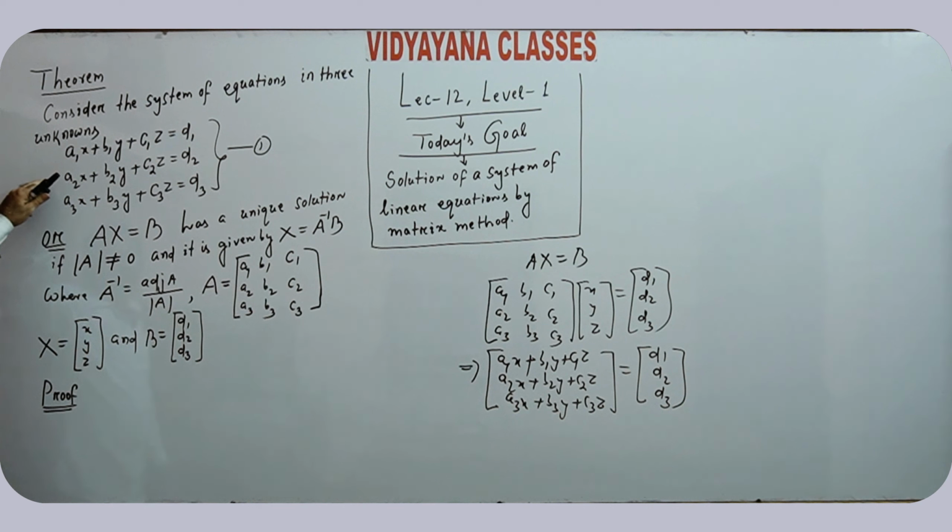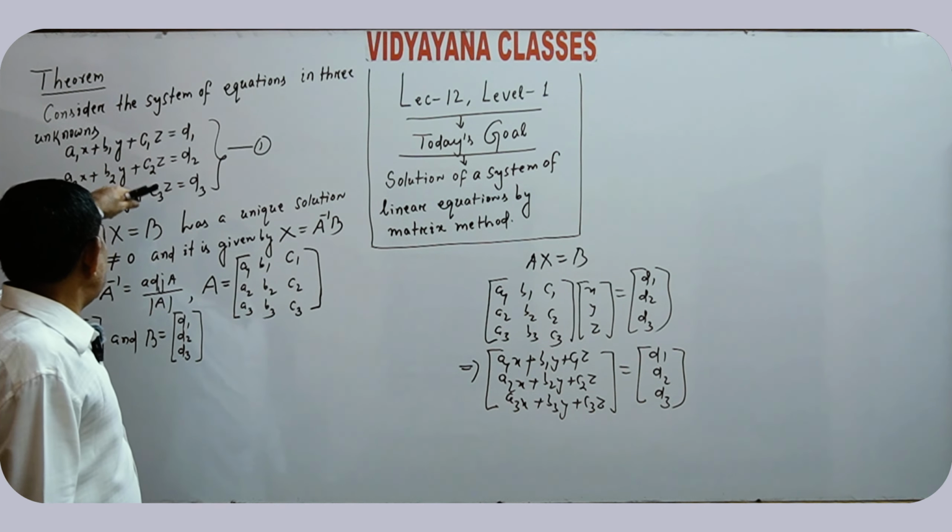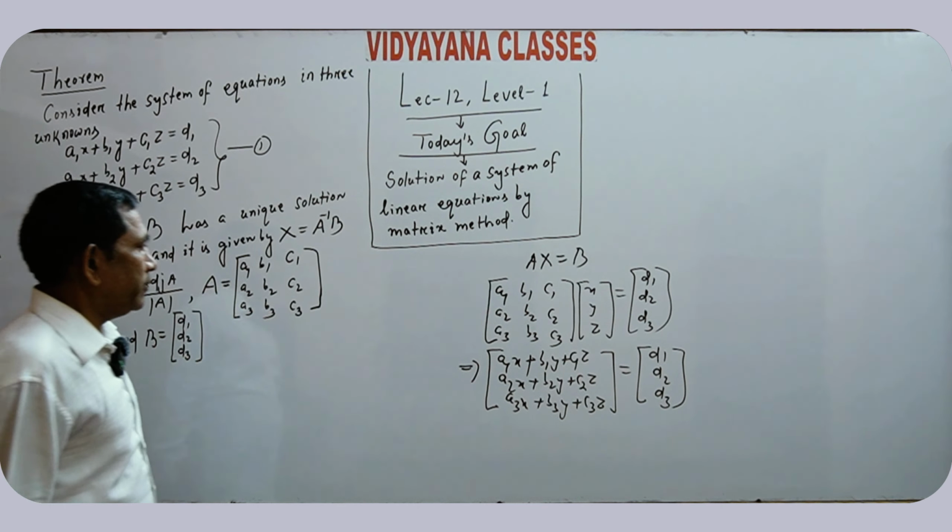The system of equations can be written as AX is equal to B. This is same as AX is equal to B.